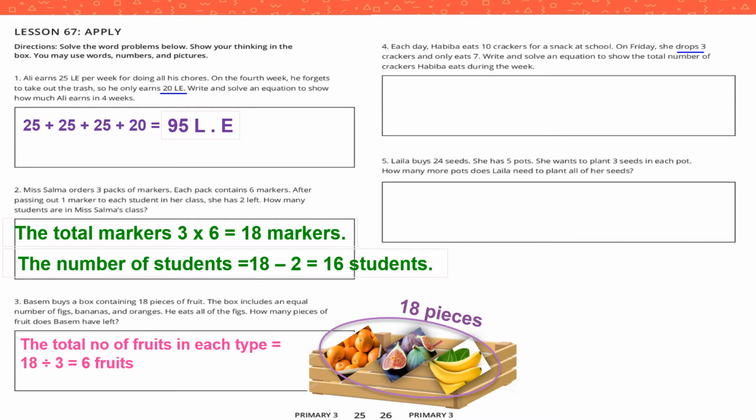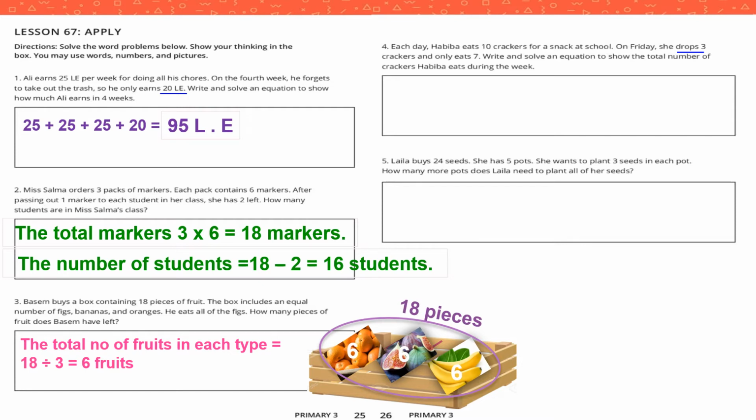So we will divide 18 by 3 types to know how many pieces each type of fruit contains. 18 divided by 3 equals 6. So we have 6 oranges, 6 figs, and 6 bananas.